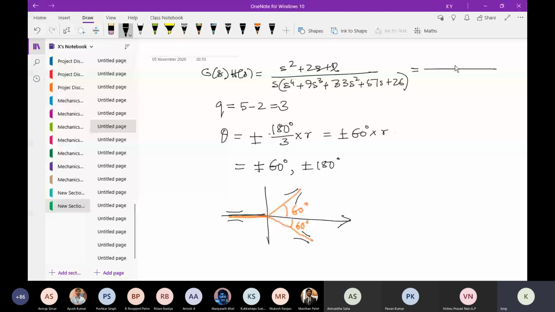The top, I think, will come out as S plus 1 minus j, S plus 1 plus j.